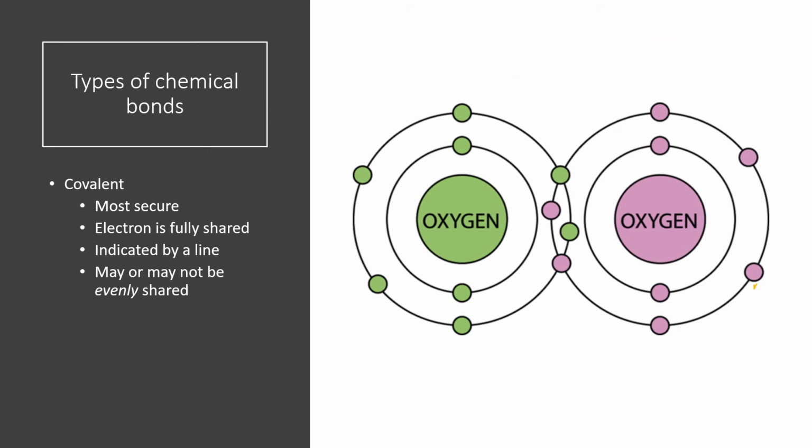When you have a polar covalent bond, so an uneven sharing, you have a partially positive end and a partially negative end. Electrons are being shared, just not super evenly. But nobody's stolen electrons outright.